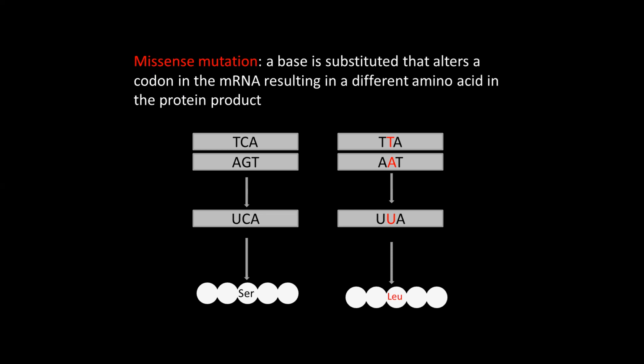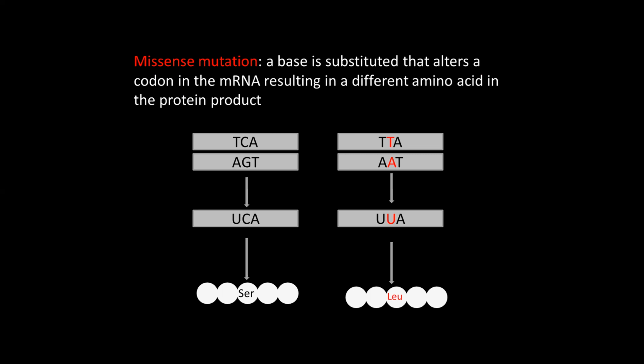So substitution of one base in the gene alters the codon in the mRNA. This results in incorporation of a different amino acid in the protein chain as compared to the normal. So missense mutations are those wherein there is replacement of one amino acid by another in the protein chain.